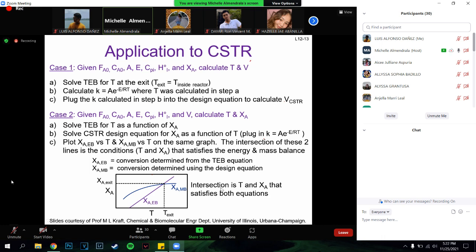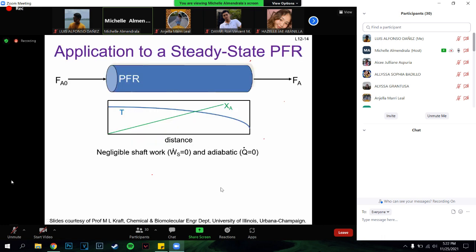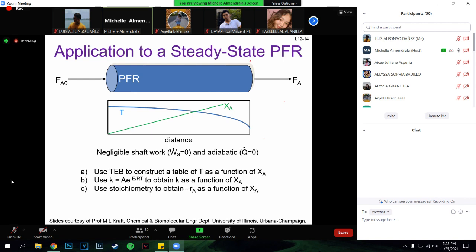Okay, so those are the two types of applications in CSTR. So for application to a steady state PFR, we have negligible shaft work, adiabatic condition. So again, we have the use of TEB to construct the table for T. And again, you have to know your temperature as a function of X using energy balance.